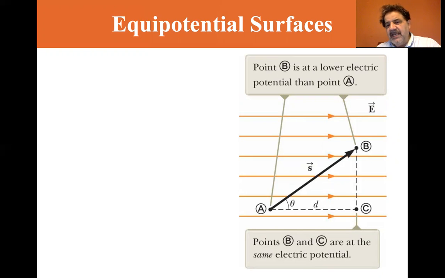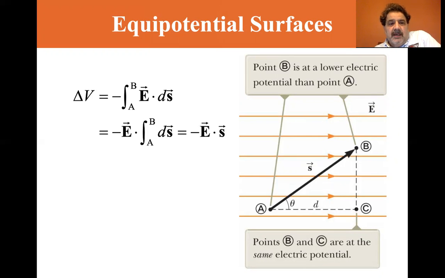In other words, B and C are the same distance, d, from point A. S times the cosine theta gives you d. So all points that are equidistant from A are all at the same electric potential.